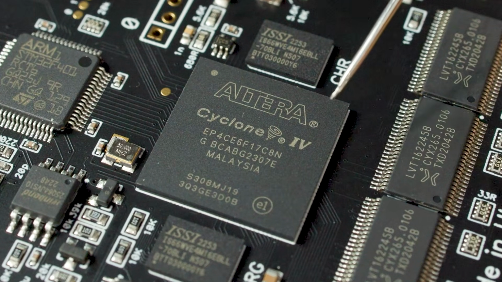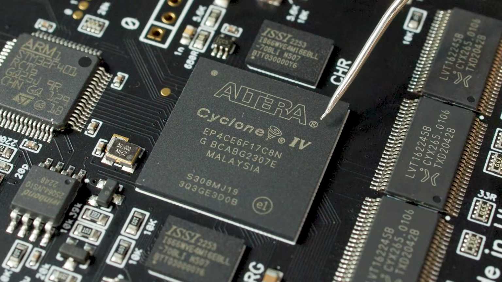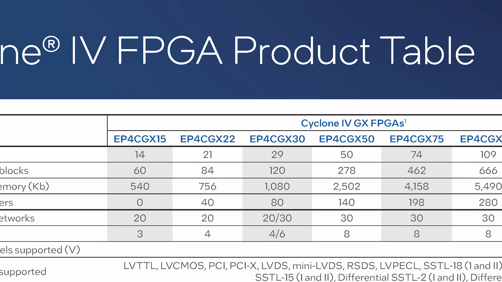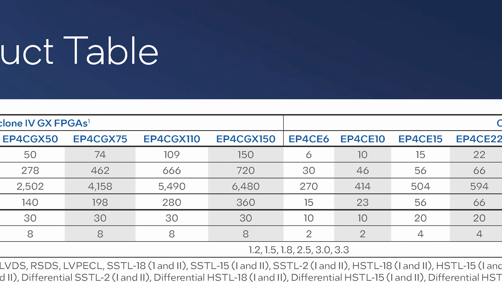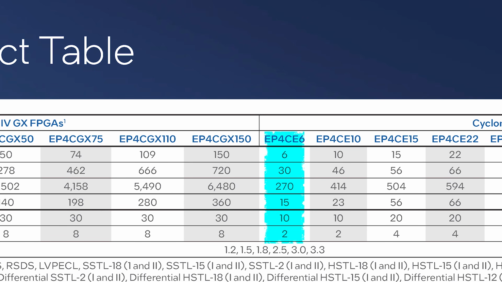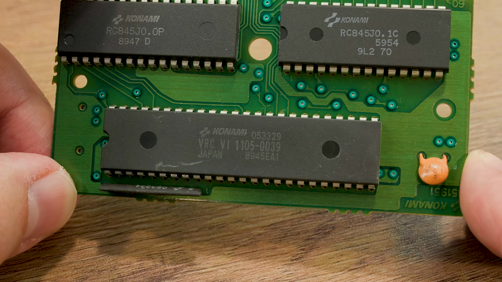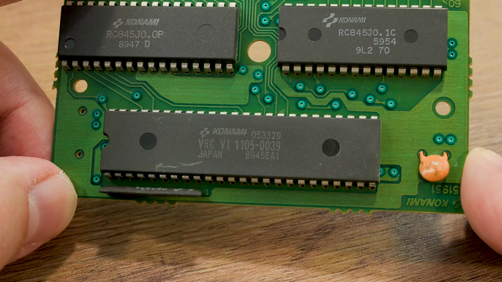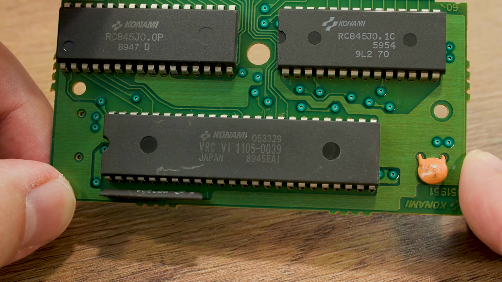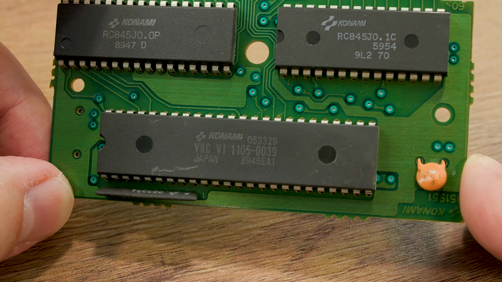You'll also notice that it has a Cyclone 4 FPGA. This is comparable to the Xilinx FPGA in the SNES flash cart, and that's because many 8-bit Nintendo games also included coprocessors. Most of the time they were mapper chips, but the Famicom actually added audio processors in some of their cartridges.